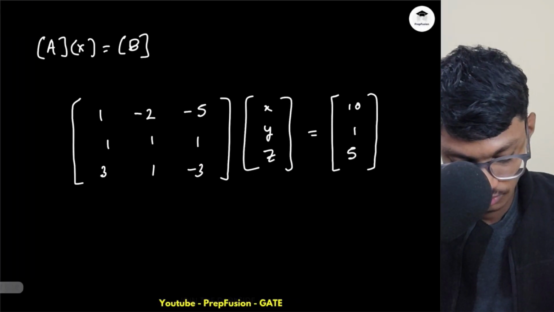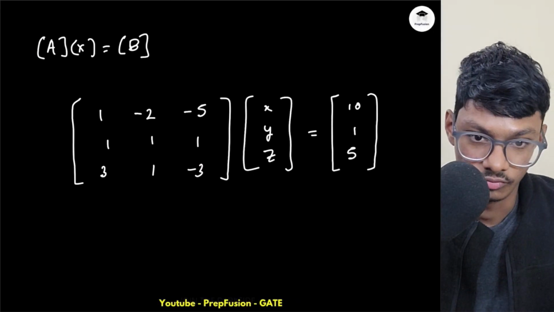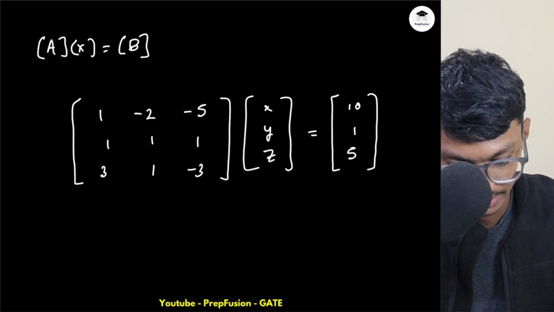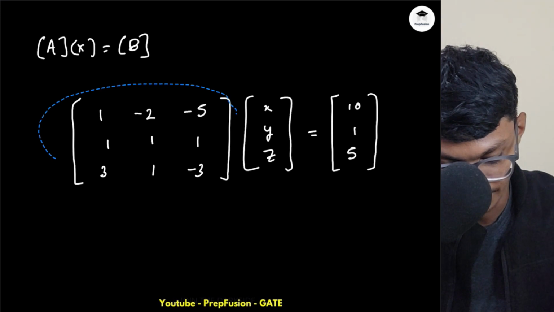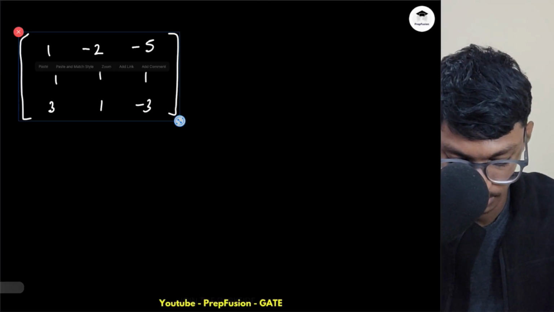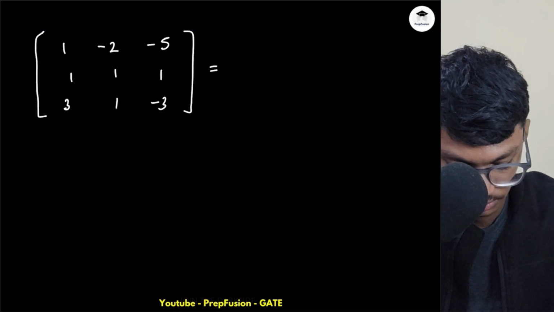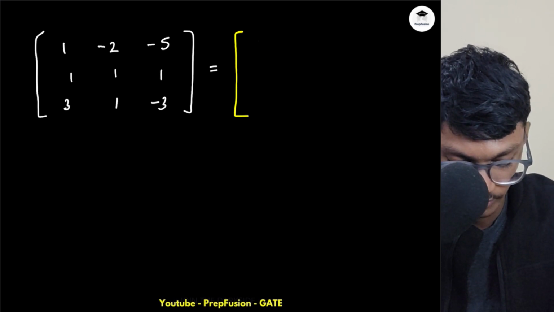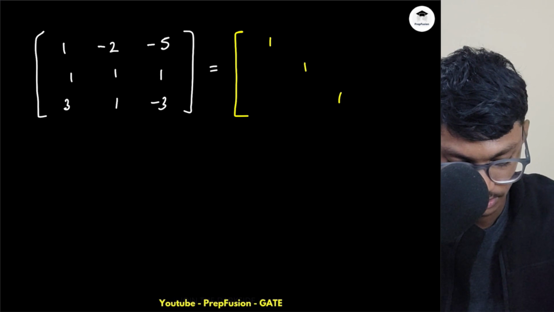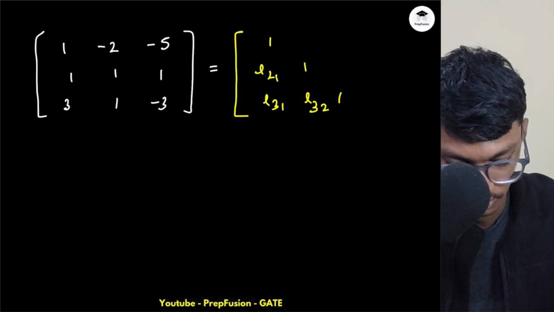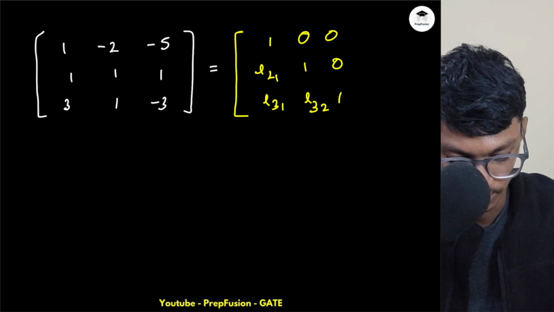So now basically what we'll do, we'll divide this into LU decomposition. So my A matrix, let me take this to the next page, I can write as a product of L and U, right? So the diagonal elements will be 1, all ones. This will be L21, this will be L31, this will be L32, this will be 0, this will be 0, this will be 0.